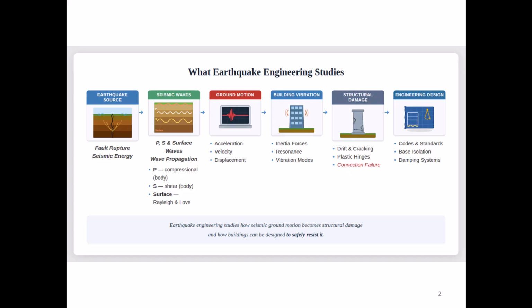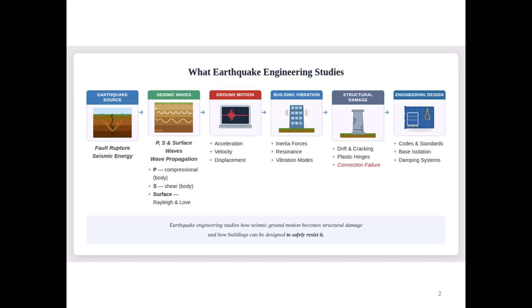And then the building will vibrate in response, and we'll talk about inertial forces, resonance, and vibration modes as we go along. And that resonant behavior can lead to structural damage, whether plaster can crack, or we can have other forms of cracking occurring in, say, concrete shear walls.